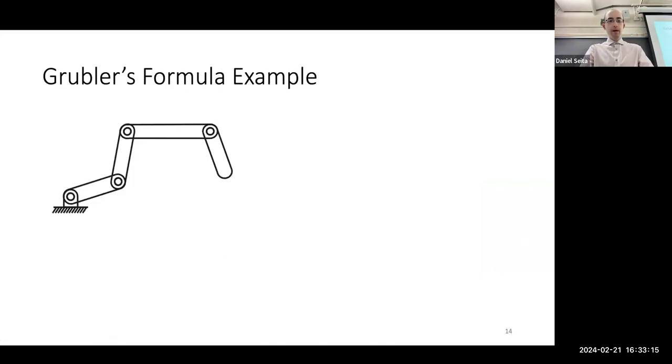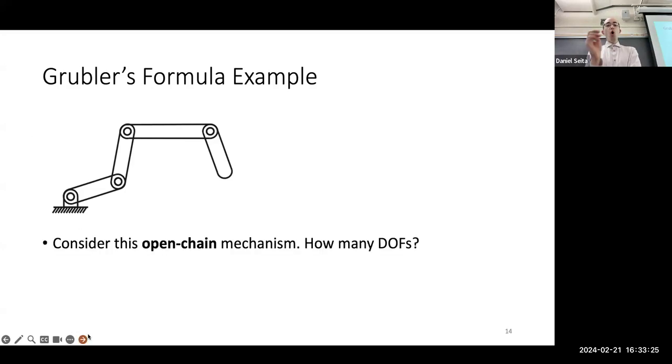All right. So let's take a look at some examples of using Grubler's formula. What we are showing here is an open chain mechanism. And the question we want to ask is, how many degrees of freedom are there here? The way to interpret this diagram is that this thing is the ground.